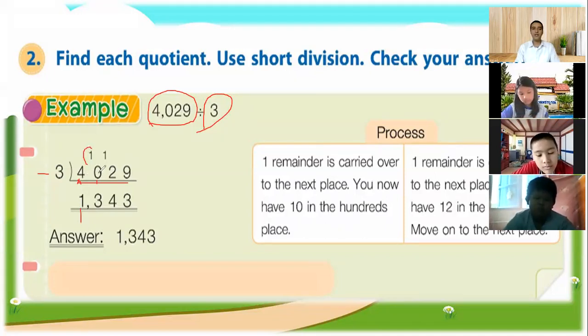Now we are going to use the table again. 3 multiplied by how much is close to 10?